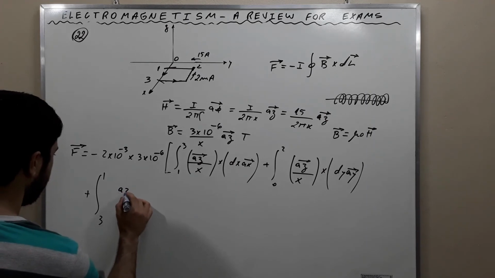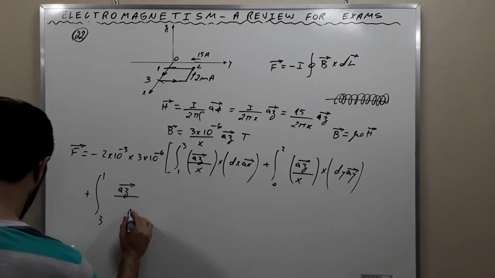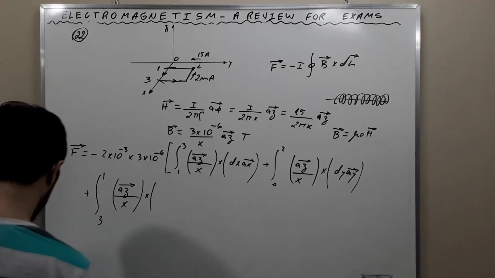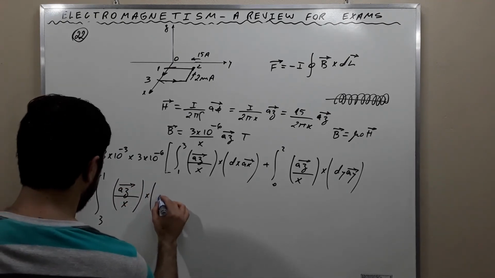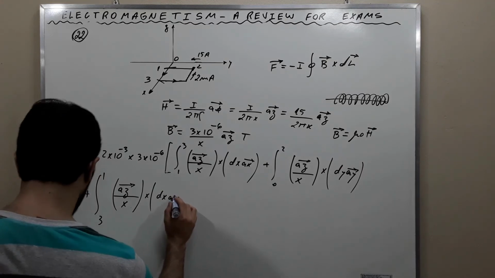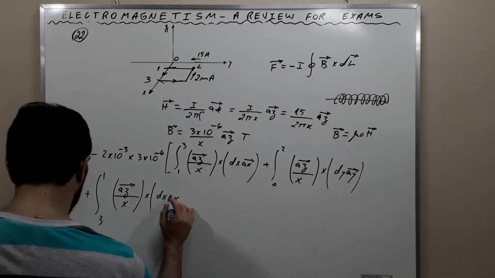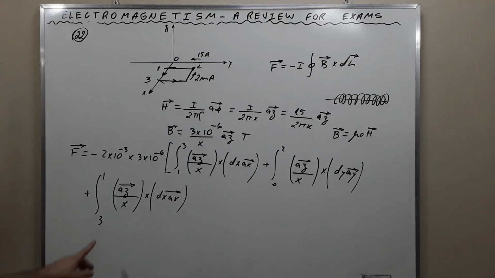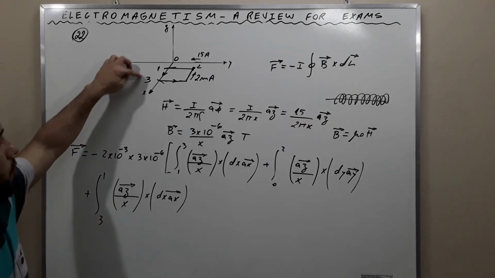az over x in a cross product with dx ax. Observe here that I inverted, and I'm integrating from 3 to 1.